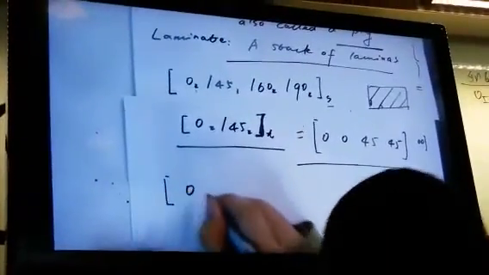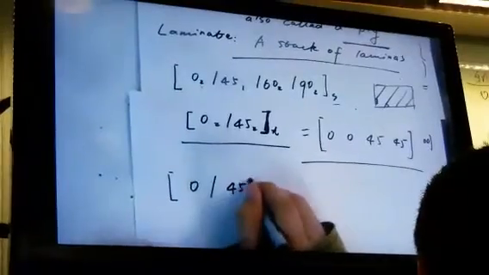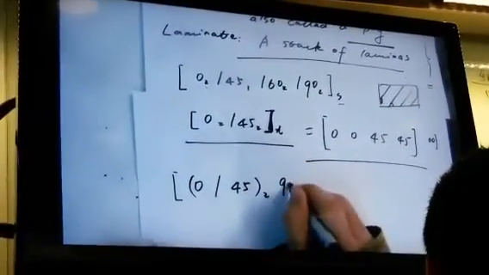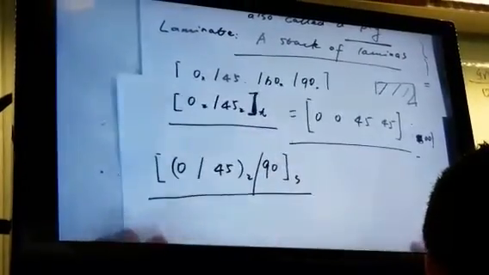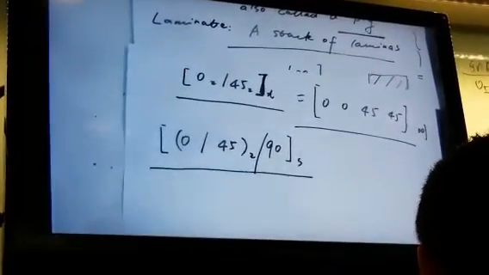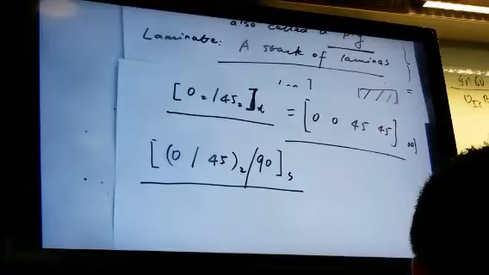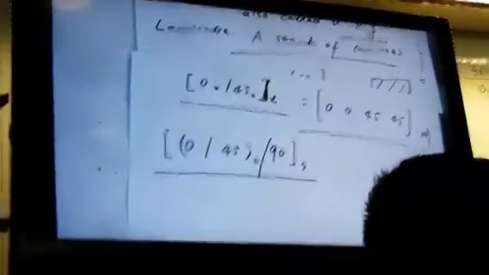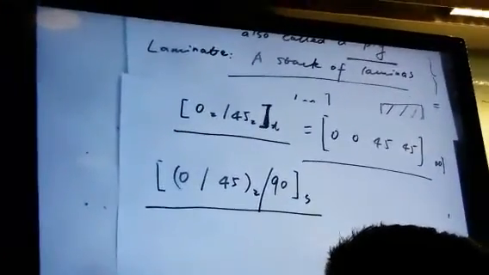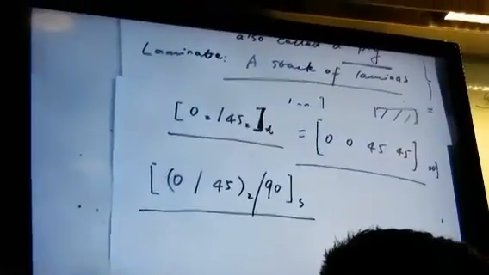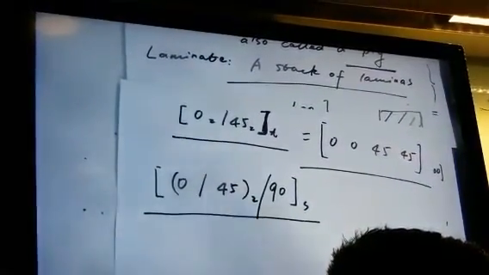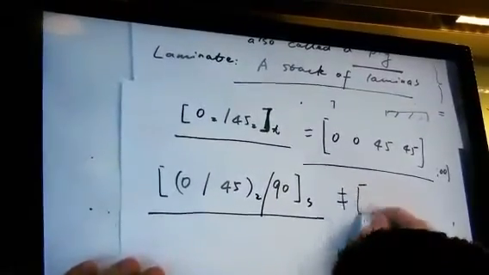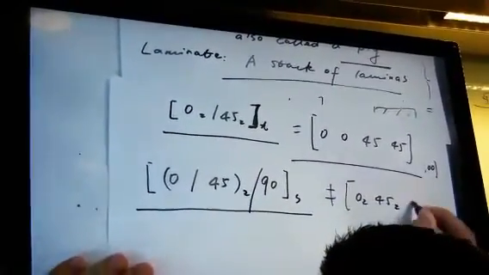And sometimes we have 0, 45, 90. Yes. Sometimes we have such a notation. There's a bracket, and outside this bracket, I'm going to put a 2. So what is the meaning of this one? We are going to repeat this one twice. Okay? It's different from 0 to 45 to 90.